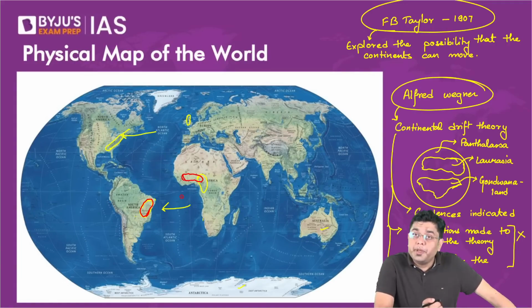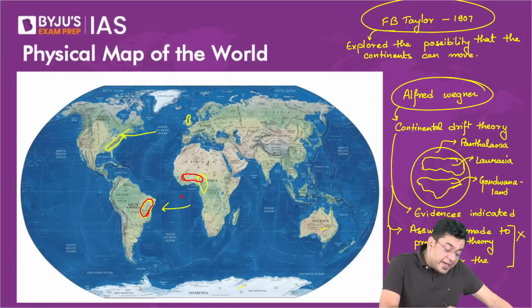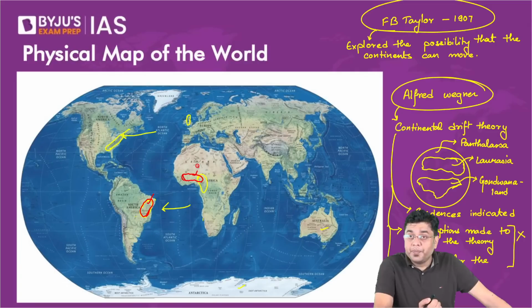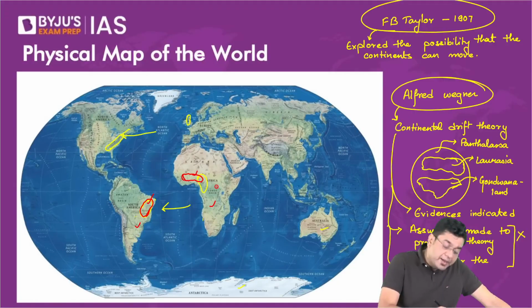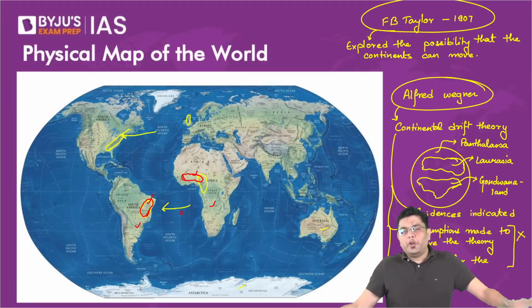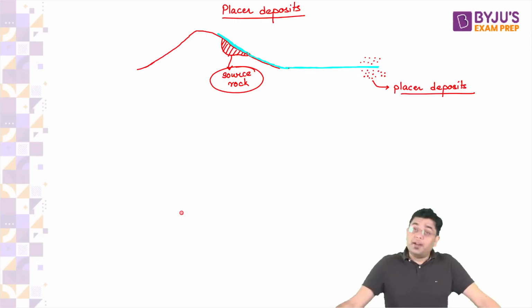How is it possible that the deposits would be carried across the Atlantic Ocean? Simply unfathomable, impossible. That can be possible only if South America and Africa were together at one point of time, and South America has since drifted westward, just like North America. So that was his understanding, and that was another evidence.